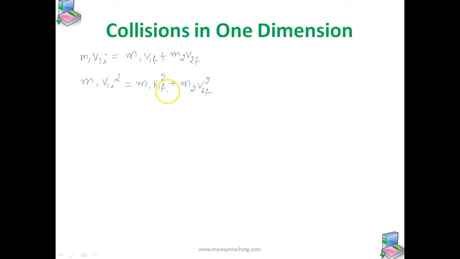From these two equations we can write it as m1 (v1i minus v1f) equals m2 v2f, and m1 (v1i square minus v1f square) equals m2 v2f square.